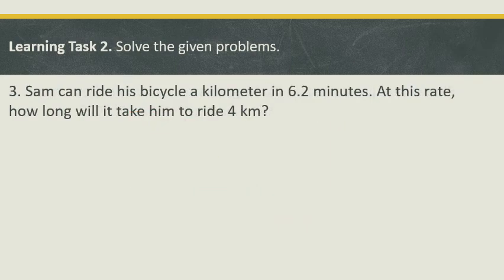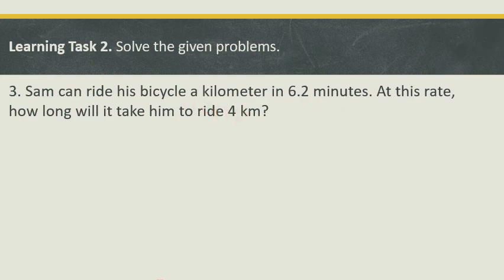Number 3, Sam can ride his bicycle a kilometer in 6 and 2/10 minutes. At this rate, how long will it take him to ride 4 kilometers? So, sa isang kilometer, ito po ay natatakbo ni Sam na sakay ang bisikleta ng 6.2 minutes. So, gaano katagal daw yung 4 kilometers?